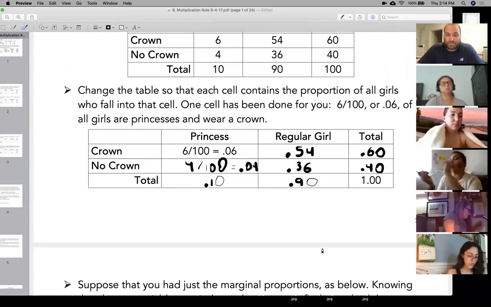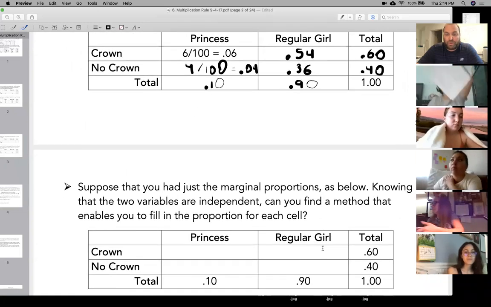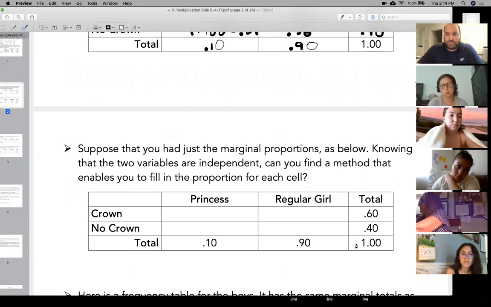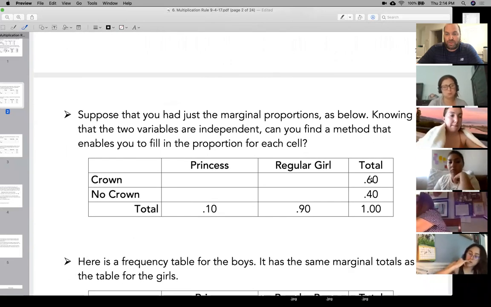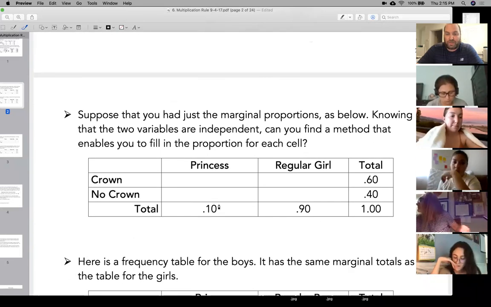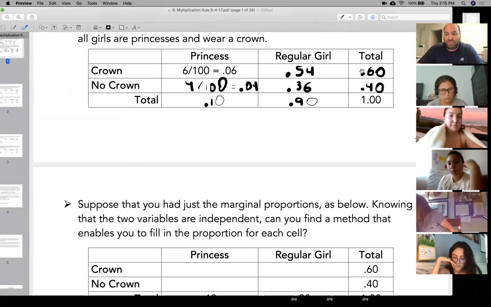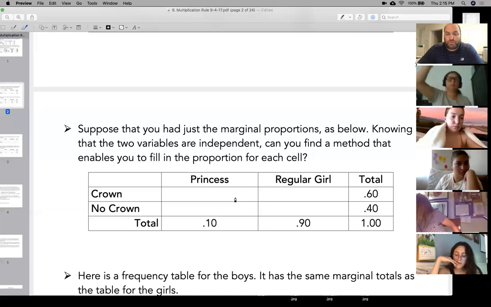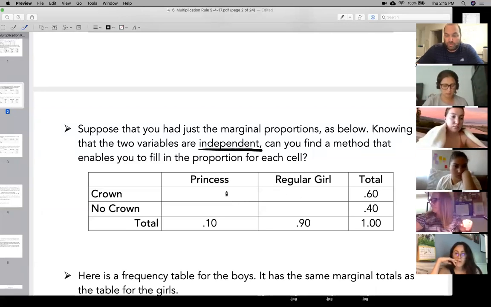Okay, now suppose all you had were these numbers. Suppose you only had 0.6, 0.4, 0.9, and 0.1. Notice that they match here. Could you figure out a way, knowing that they are independent, to put in numbers here, here, here, and here?